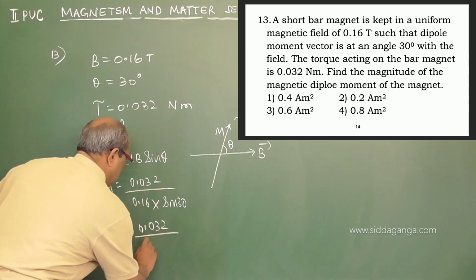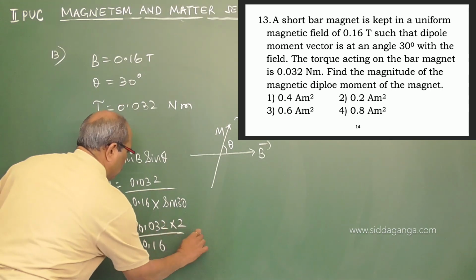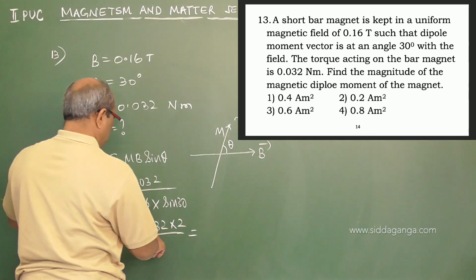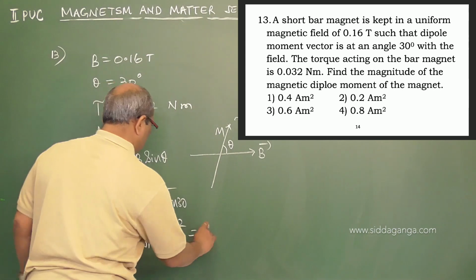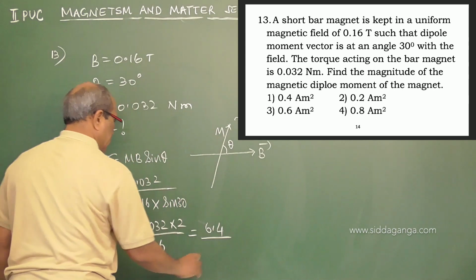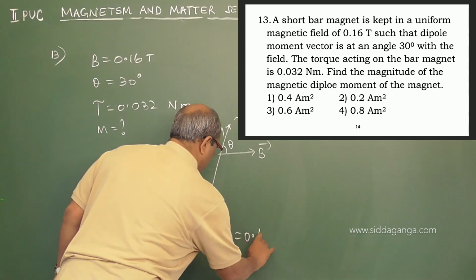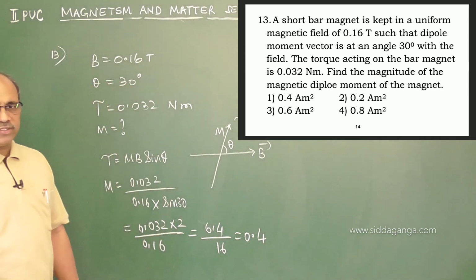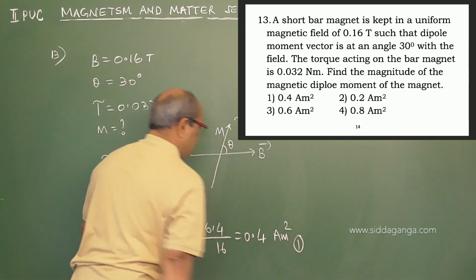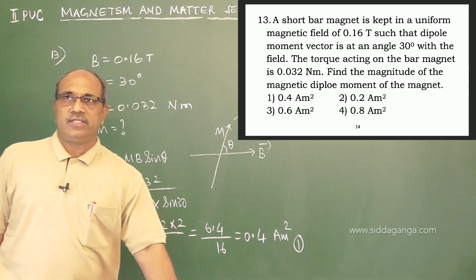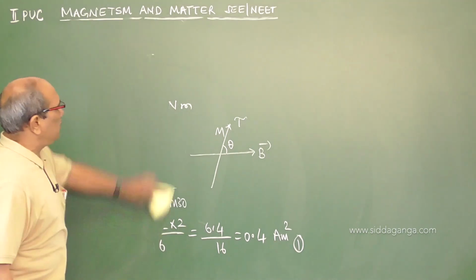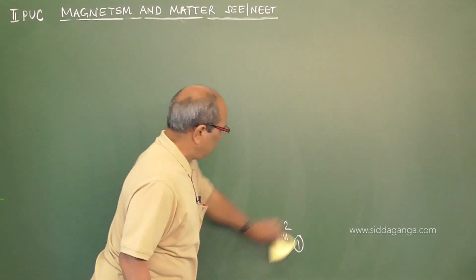So 0.032 divided by 0.16 into 1 by 2, which is 3.2 into 2 is 6.4 by 16, which becomes 0.4 ampere meter square. Option number 1, 0.4 ampere meter square, is the answer. It is direct substitution in torque equal to MB sin theta.